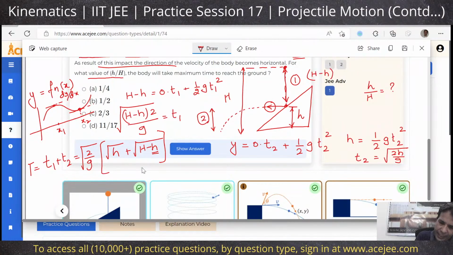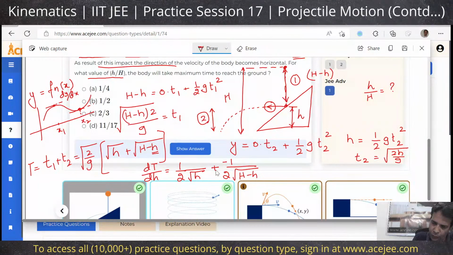So in this case, if I take the derivative of t with respect to h, dt by dh, there'll be 1 by 2 square root of h, with 1 at the top, plus 1 by 2 square root of H minus h, and then the derivative of H minus h, which will be minus 1.